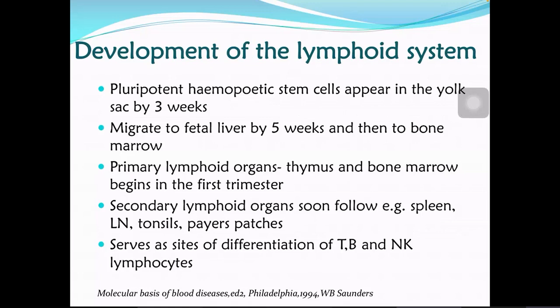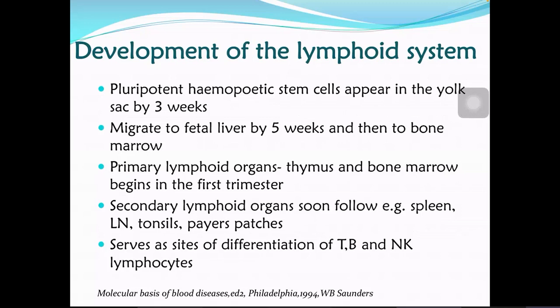So in the developing fetus, we have primary lymphoid organs, which are the thymus and the bone marrow, which start to produce lymphoid tissue by the first trimester. And then soon after, you see that secondary lymphoid organs like the spleen, lymph nodes, tonsils, and the Peyer's patches start to develop.